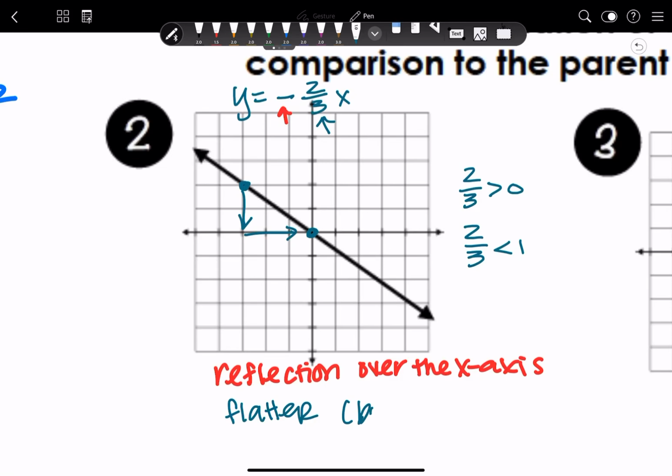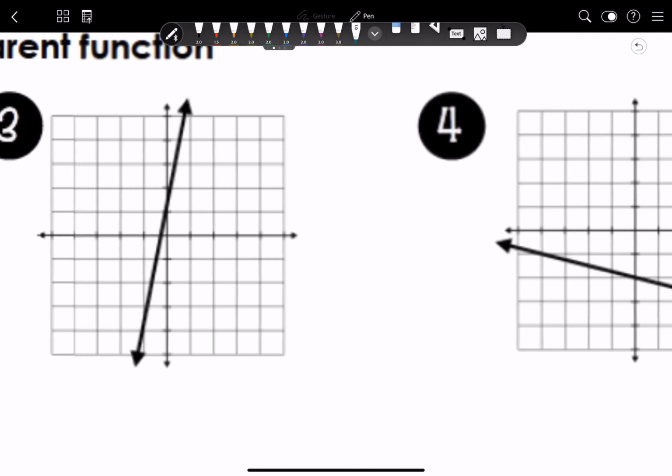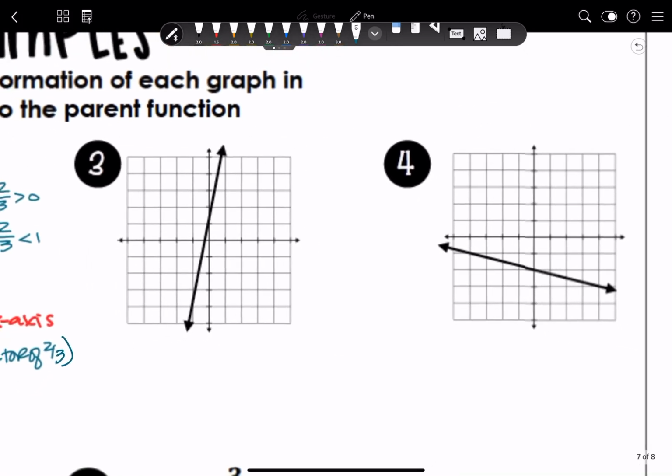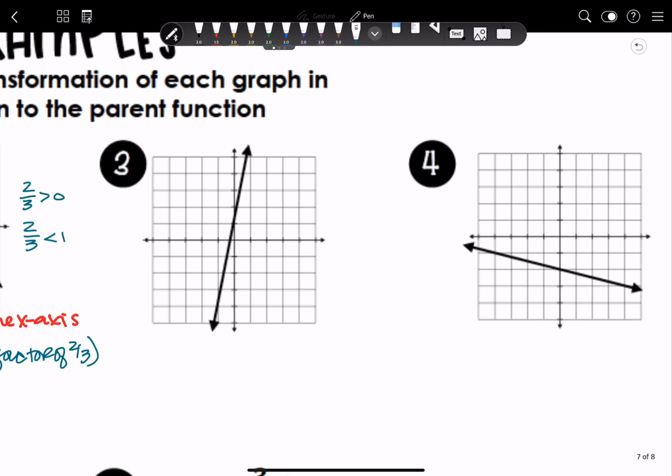And you can say by a factor of 2/3. All right, let's do these next two. Both of these have different and multiple transformations happening as well. So let's do number 3.